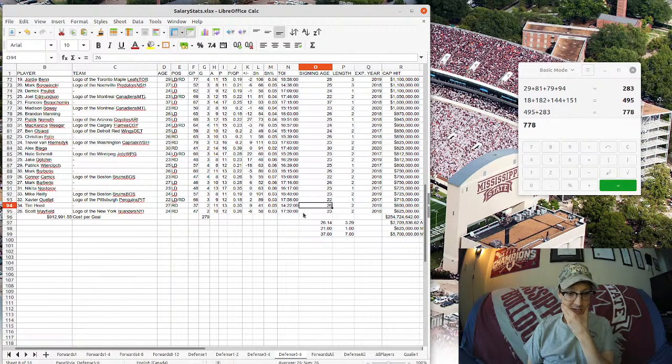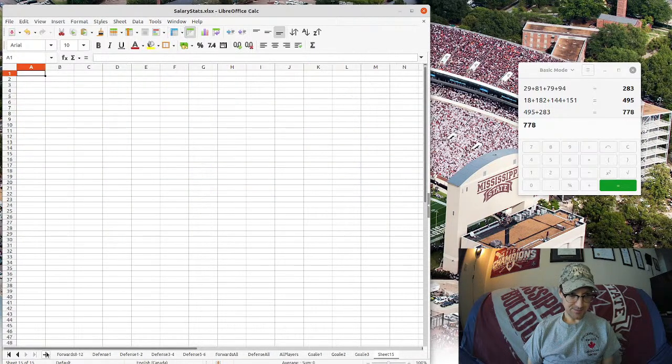Or do I make another spreadsheet with all the information? New spreadsheet it is.